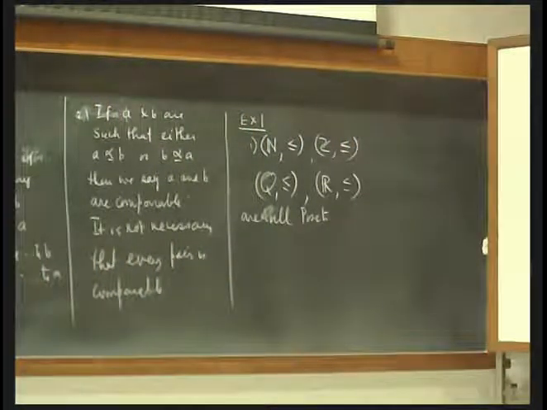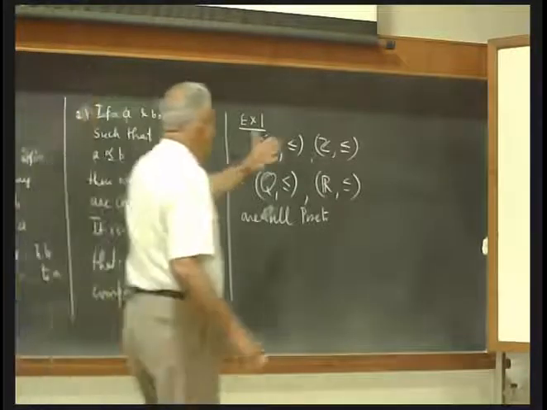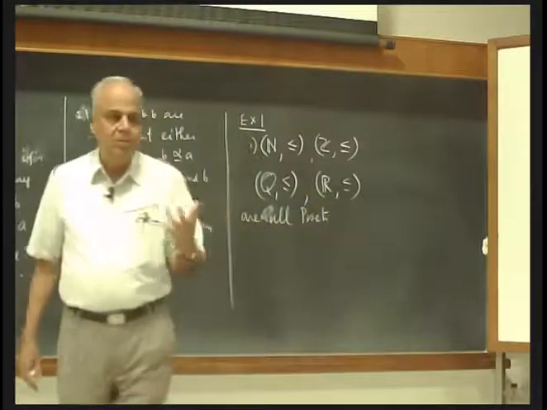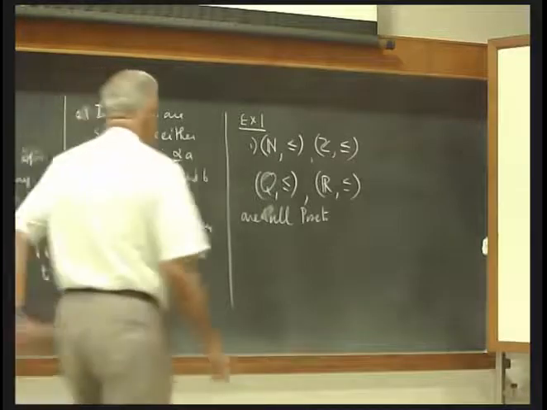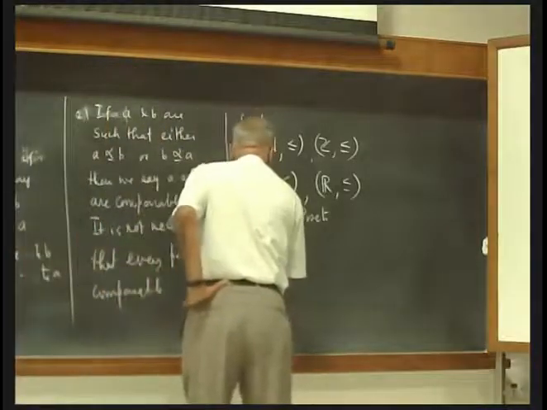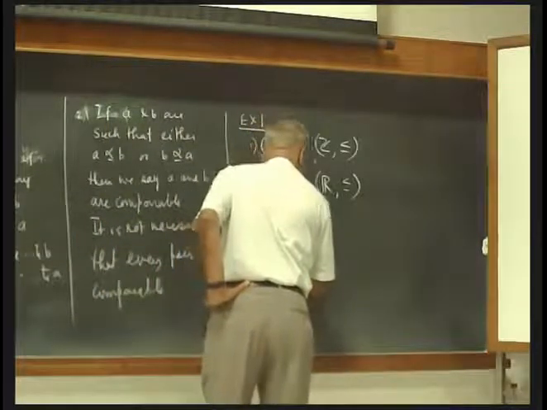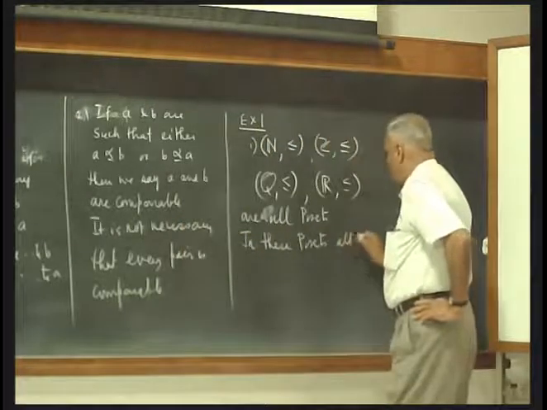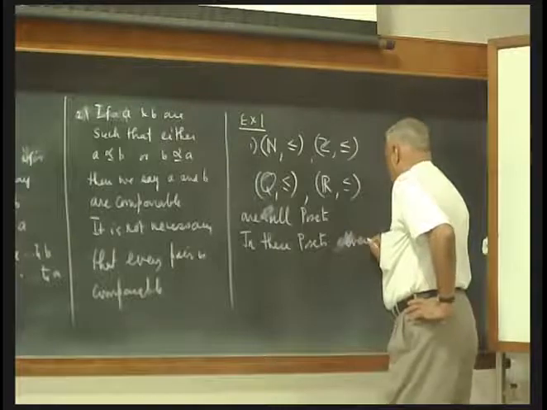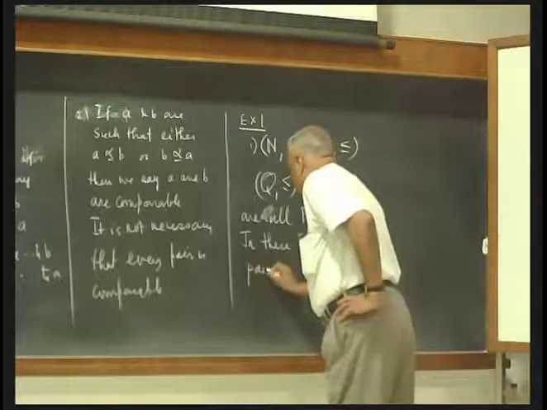In each one of them, every pair is comparable. There is a law of trichotomy of real numbers: given any two numbers, either A is less than or equal to B or B is less than or equal to A. So in these posets, every pair is comparable.